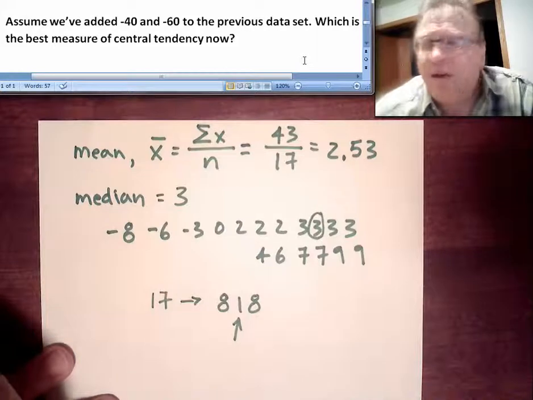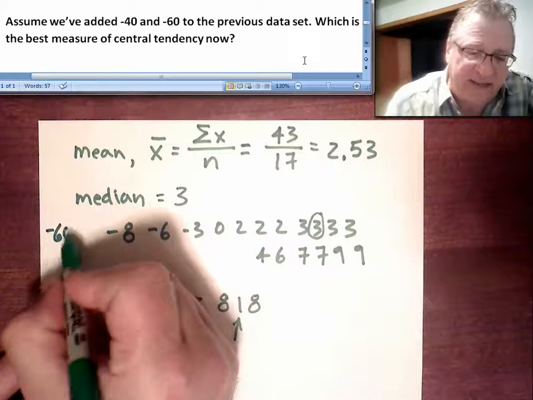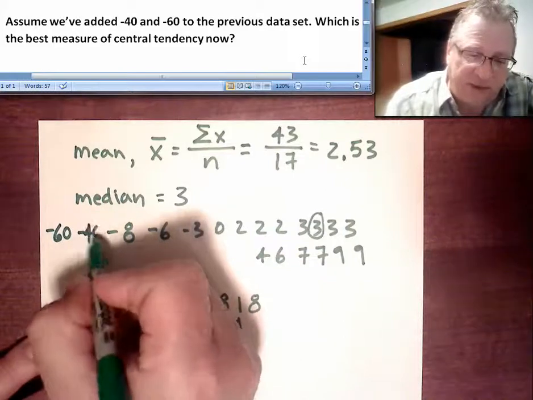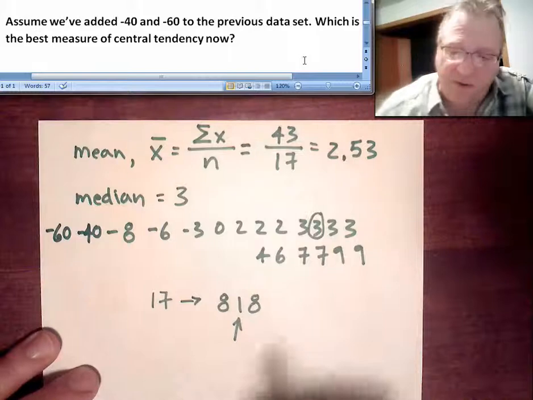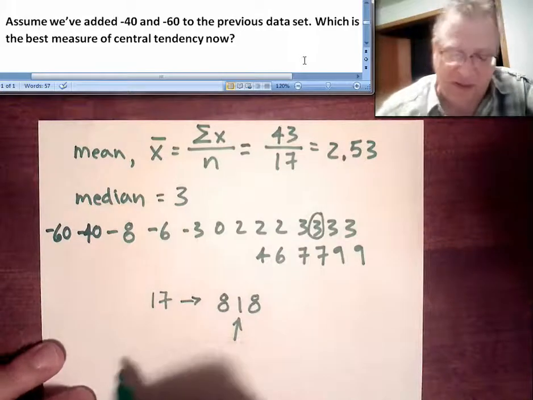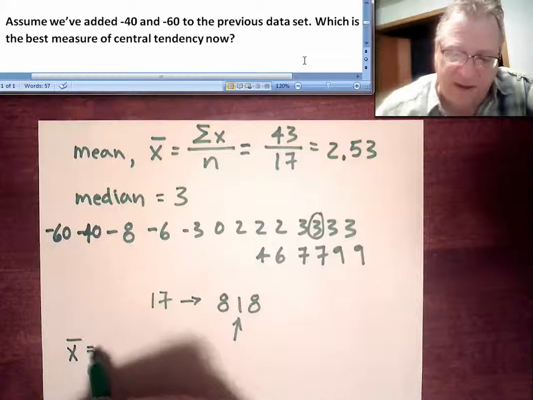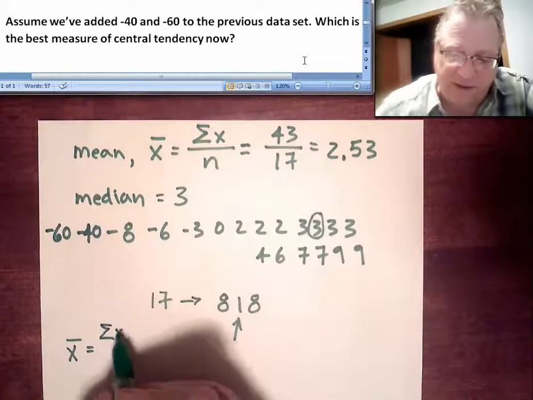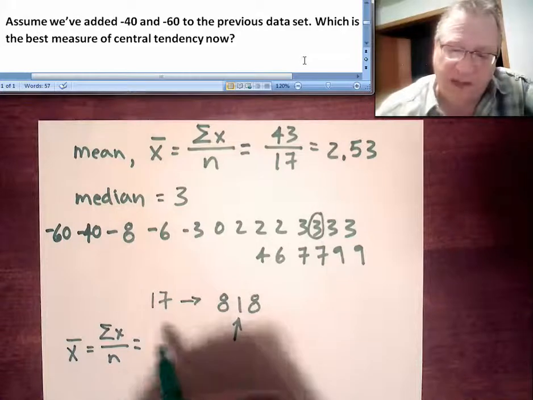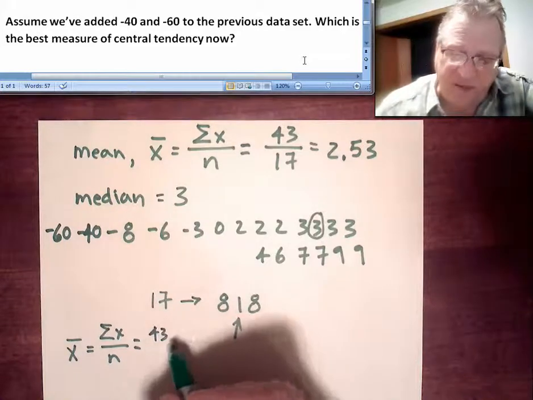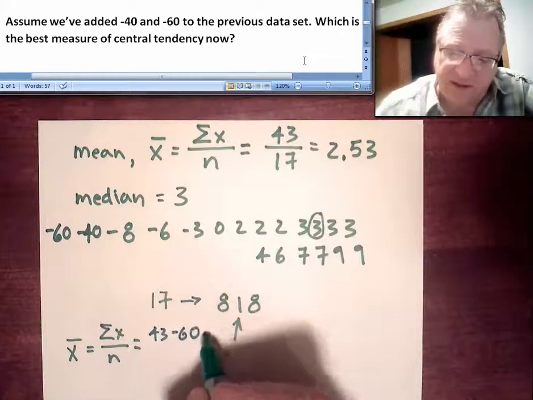Let's add two values to this data set. Let's add minus 60 and minus 40 to our data set, and let's see how things look now. So now I want to calculate the mean, and it's going to be the sum of the x's over n. We had 43, but now we have to add two more numbers, minus 60 and minus 40.